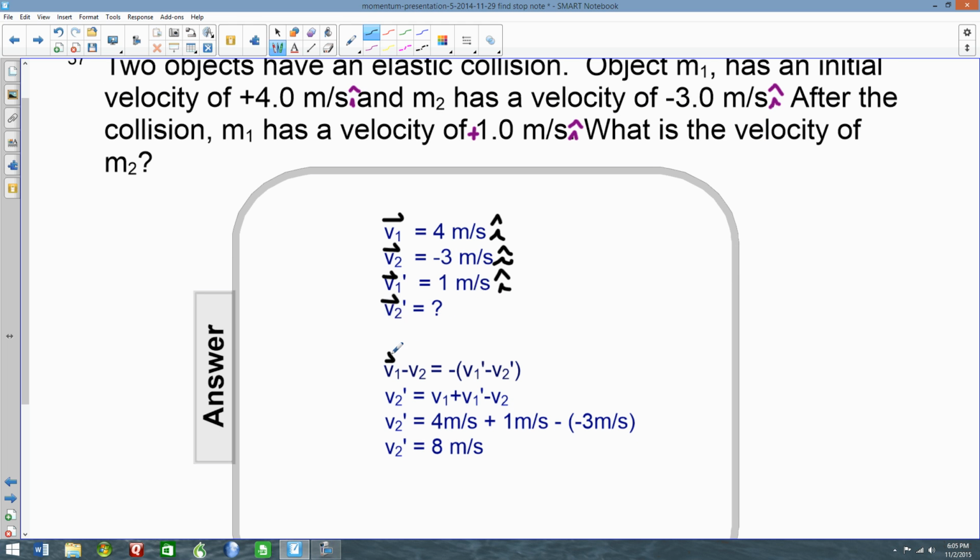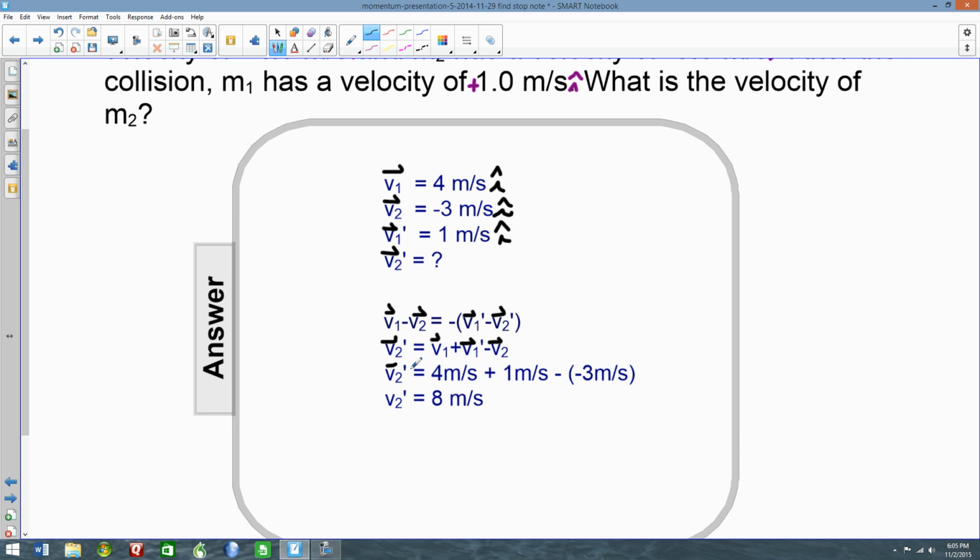We're going to go ahead and use our equation: V1 minus V2 is equal to negative (V1 prime minus V2 prime). Solving for V2 prime, we end up with V1 plus V1 prime minus V2. Substituting in our numbers with our unit vectors, we end up with 8 meters per second.